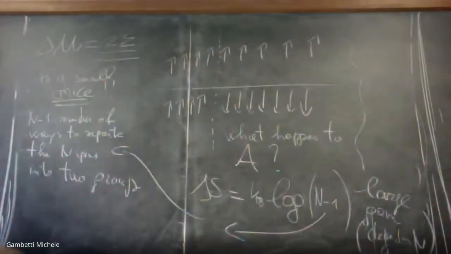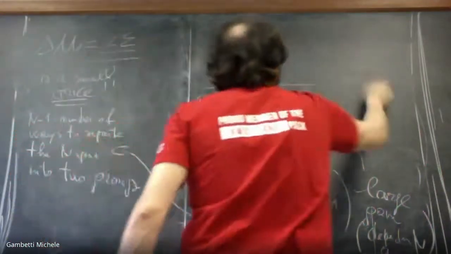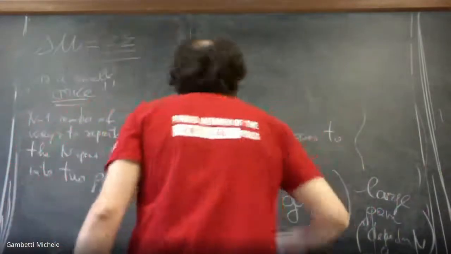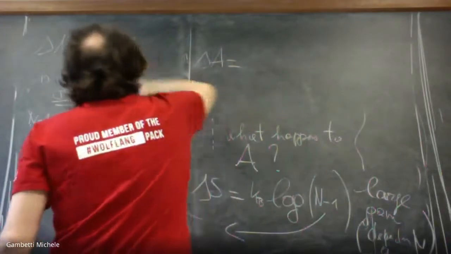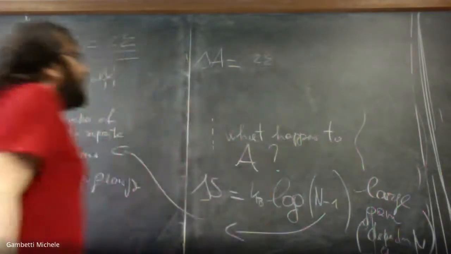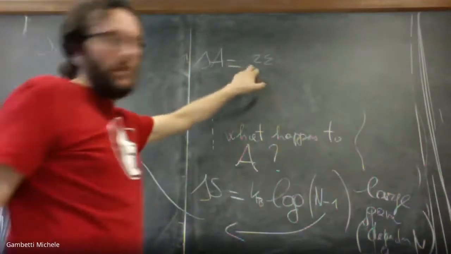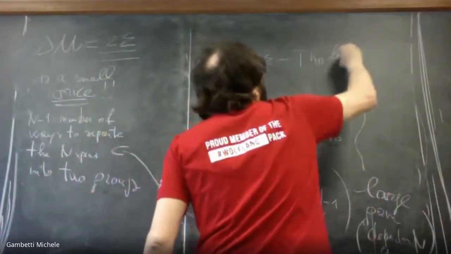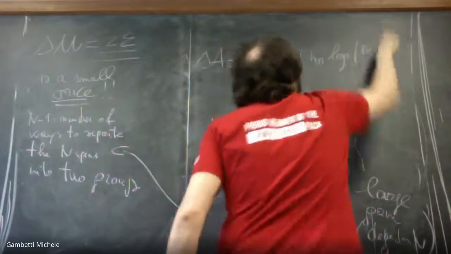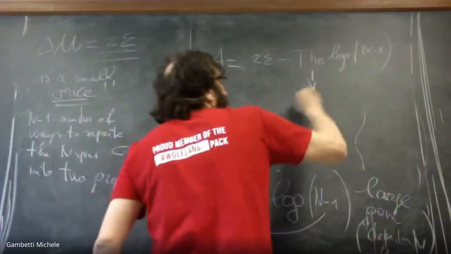And therefore, since you want to minimize the Helmholtz free energy, when you compute the variation delta A of the Helmholtz free energy, you get 2 epsilon, which is the variation of the internal energy, plus minus T k_B log of n minus 1, which of course will be dominated by this term.